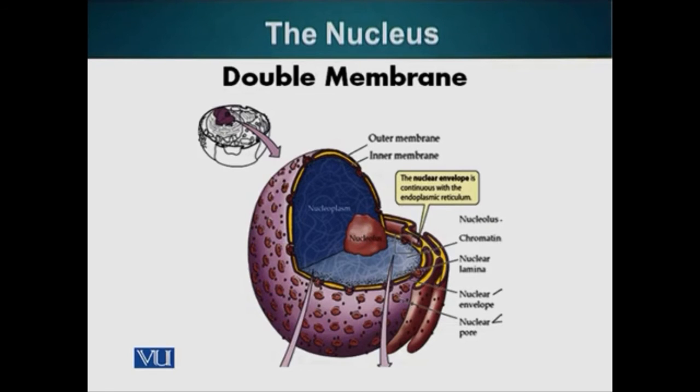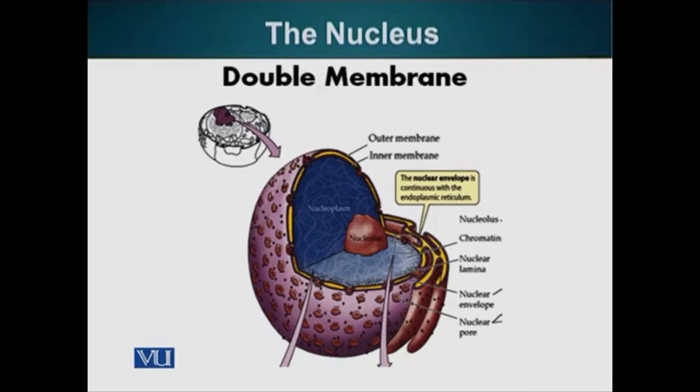For example, there is a disease called progeria. In this disease there is a mutation in the gene that codes for this nuclear lamina. If nuclear lamina is not present, the DNA gets damaged very easily, and people suffering from this disease age much more rapidly than normal people.